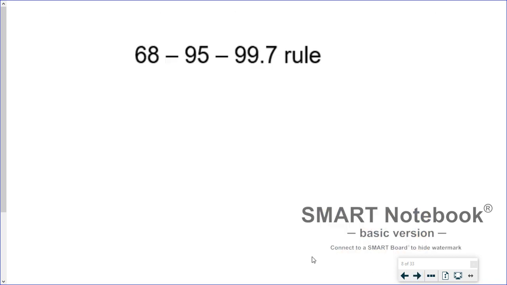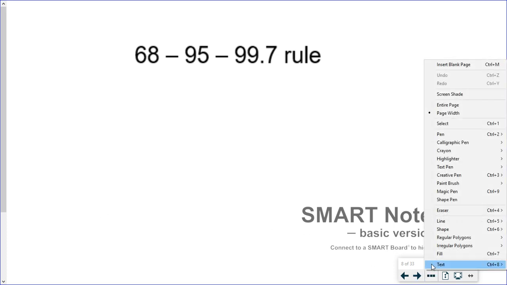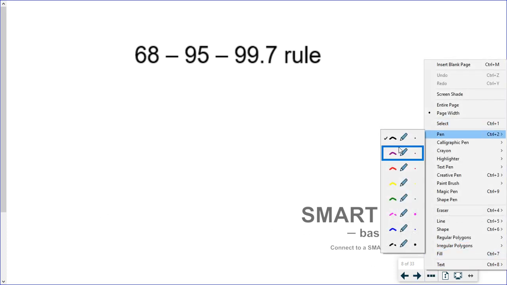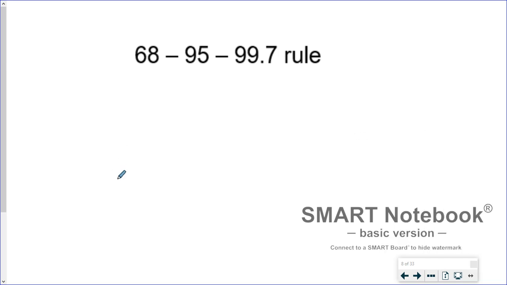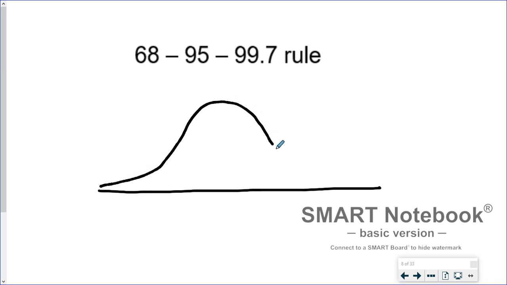All right, so the 68, 95, and 99.7 rule. All right, this has a few different names. It's also kind of referred to as the empirical rule, but just to kind of show you what it means. All right, so if we have a normal curve, something like this, right?